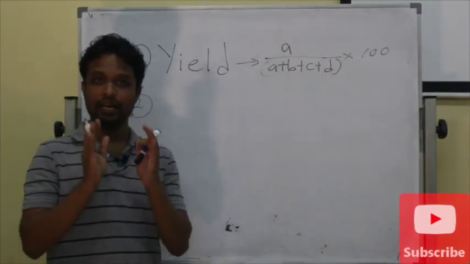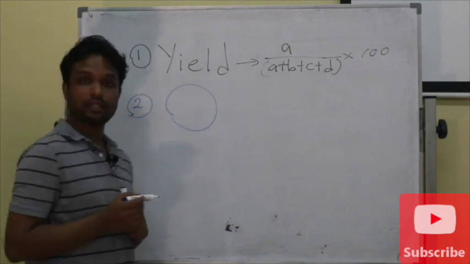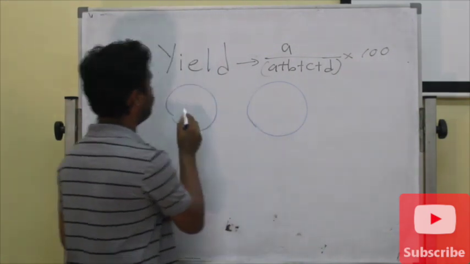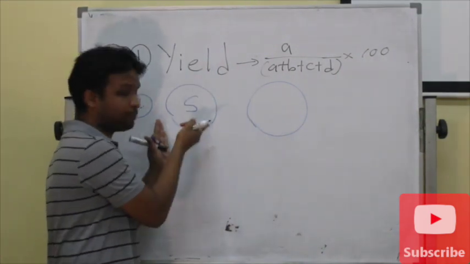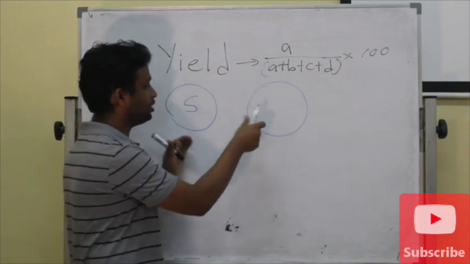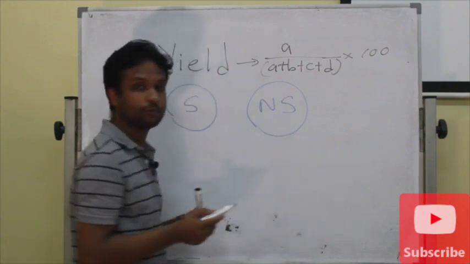Another method is to assume that there's a screened population and a non-screened population. This is the screened population. In this population, we applied the screening test. In this population, we have not applied the screening test, the non-screened population.